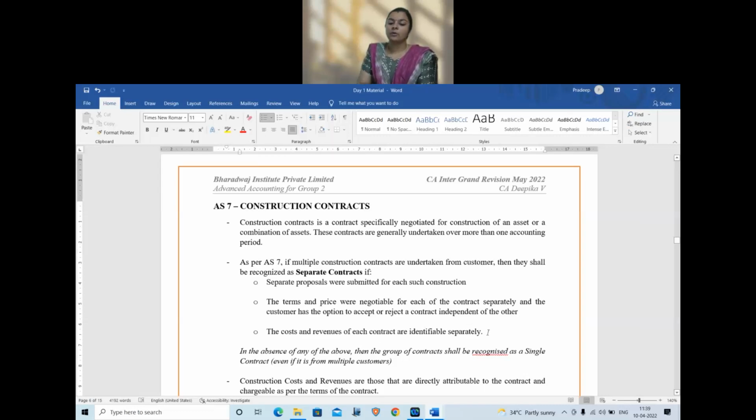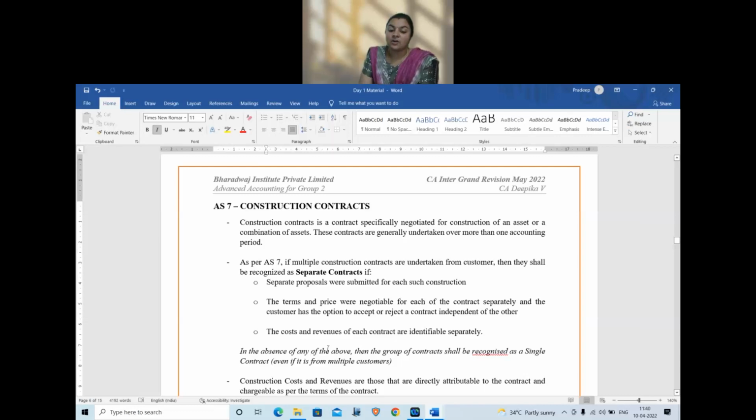Now you can ask, are these 3 conditions mandatory, or even if one of the 3 conditions is satisfied, can I go ahead? Yes, all 3 conditions should be satisfied for identification of separate contracts. Even if one of the conditions is not satisfied, then it will go for a group contract or a single contract.